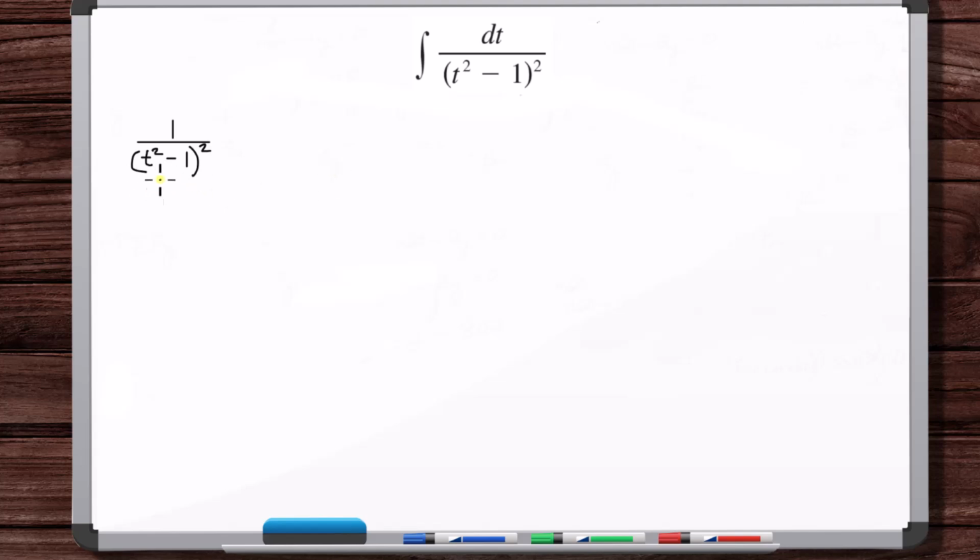Now here we have a quadratic factor squared. When the denominator is factored into linear and quadratic factors, those factors could be to the 1 power or to any positive integer power. And so here we have a quadratic factor to the power 2.